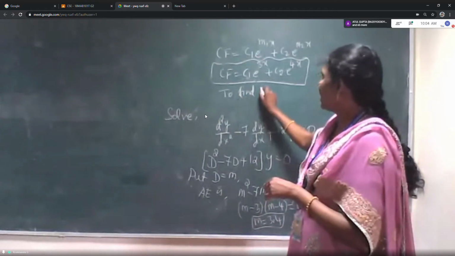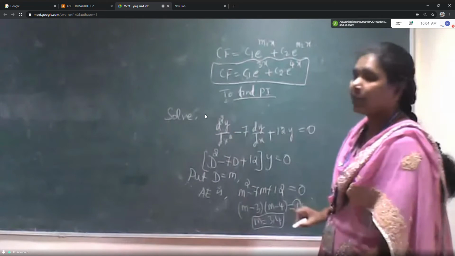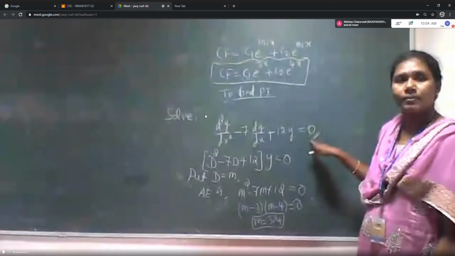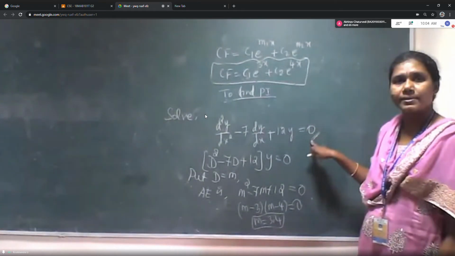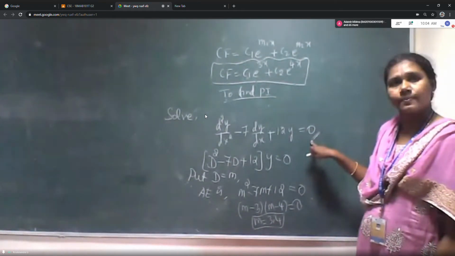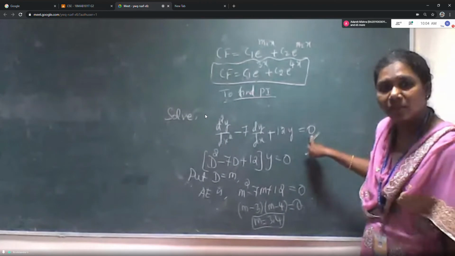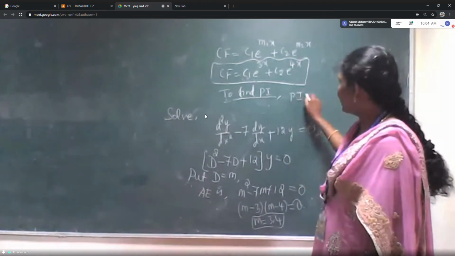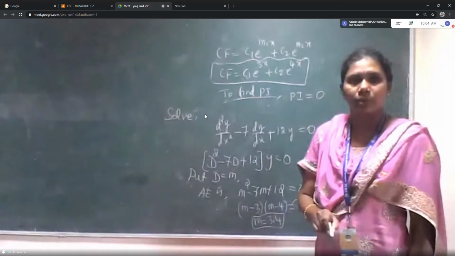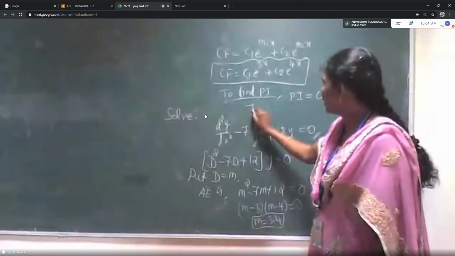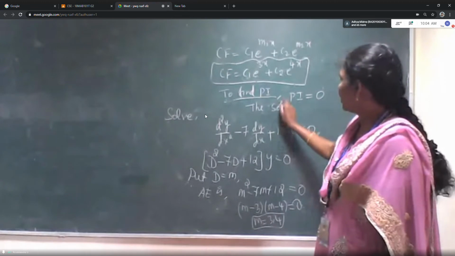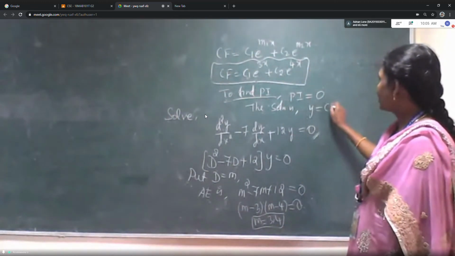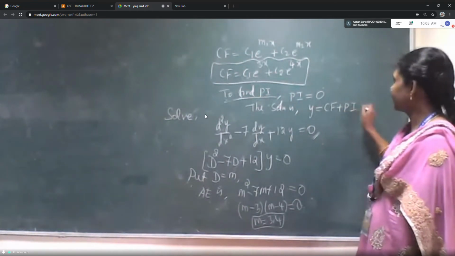Next, to find PI, what do we have to do? The right hand side is 0. Right hand side 0 value means PI is 0. There is no particular integral. Therefore, the solution is y equal to CF plus PI.